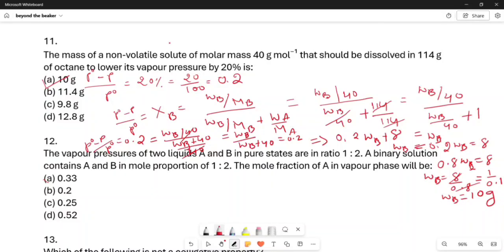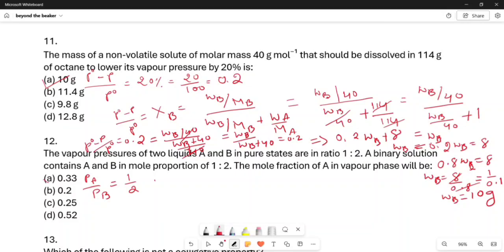Question number 12. The vapor pressure of two liquids A and B in pure state are in the ratio 1:2. They have given the vapor pressure of the two liquids, that is PA divided by PB is equal to 1:2, means 1 divided by 2.